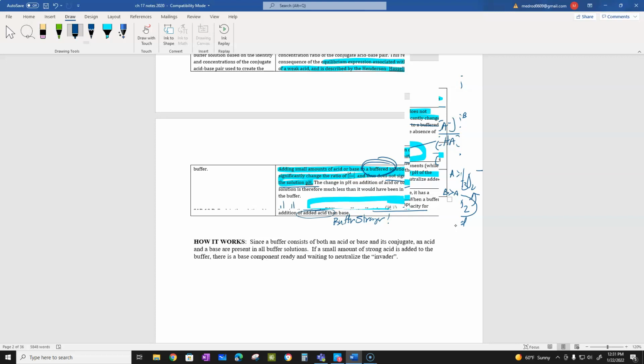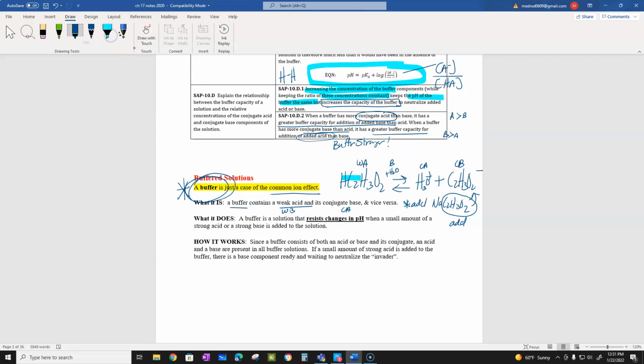And then right here, this would turn into my conjugate acid and my conjugate base. A buffer contains a weak acid and its conjugate base. Okay? That's what makes a buffer.